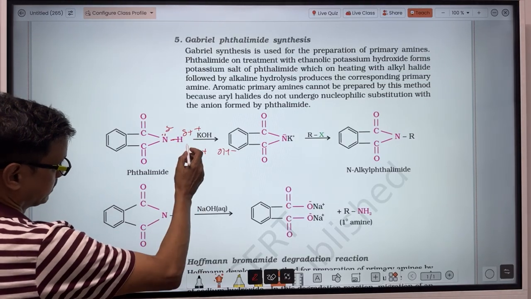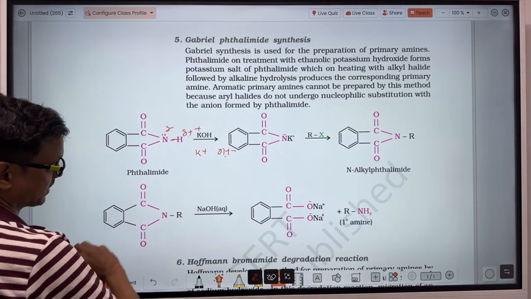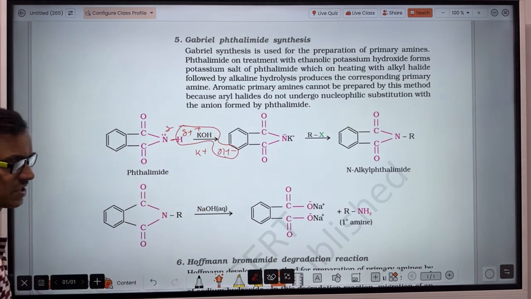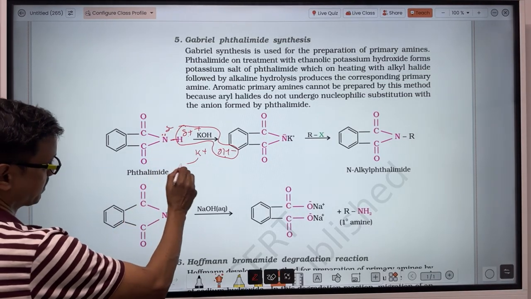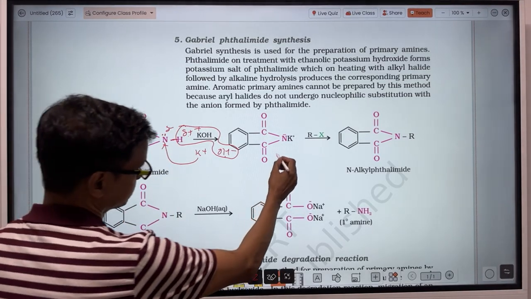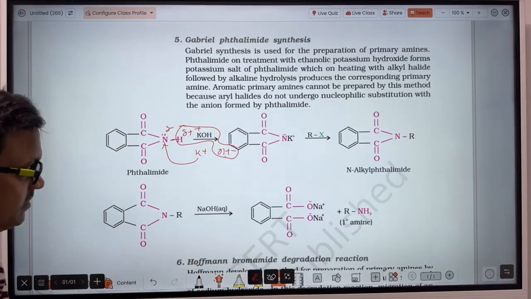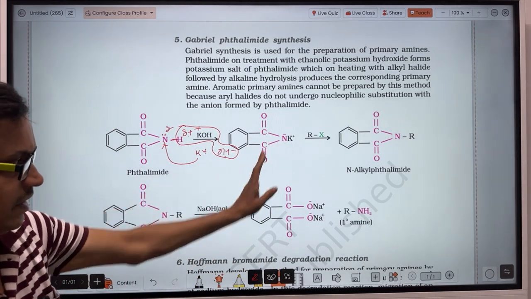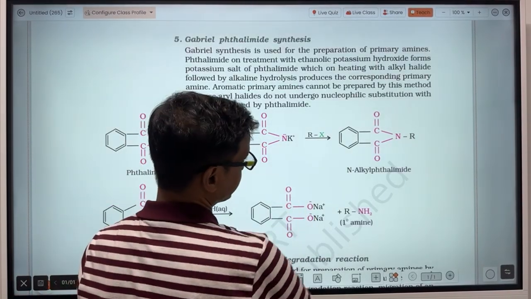So here is positive and this one is negative. This hydrogen will combine with this OH minus. Always positive will combine with negative. And here is negative, so this potassium will bind to this one. So potassium phthalimide is formed here. Then it reacts with alkyl halide.